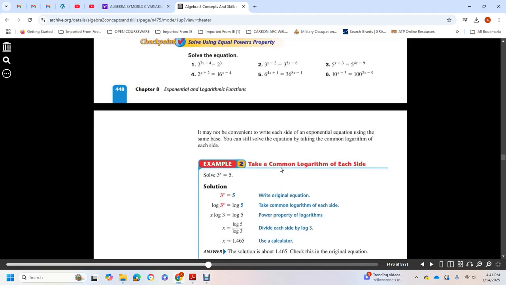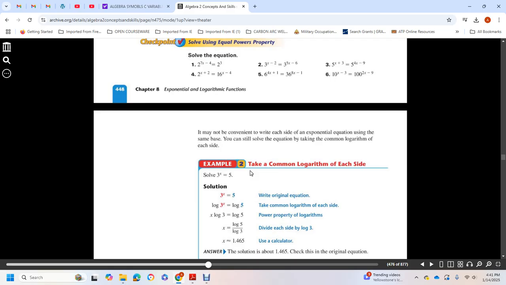It may not be convenient to write each side of the exponential equation using the same base. You can solve the equation by taking the common logarithm of each side. Alright, we'll look at example 2. 3 to the x is equal to 5. Write the original equation. Take the common logarithm of each side.